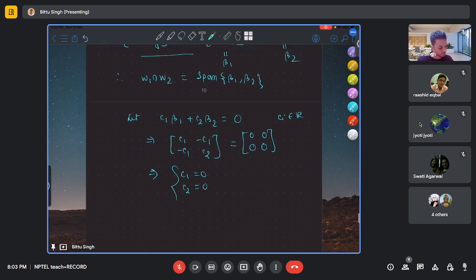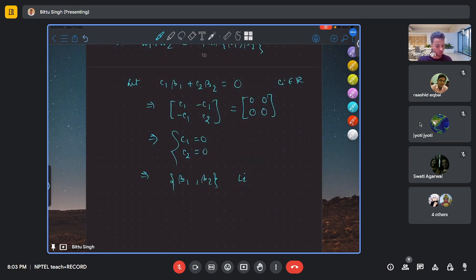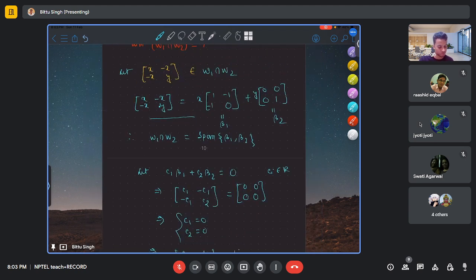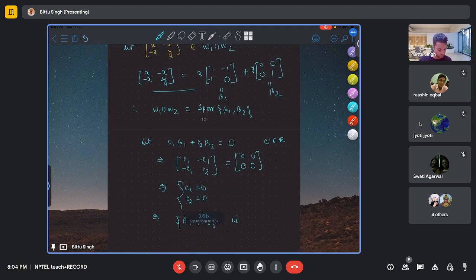Hence beta 1, beta 2 is linearly independent. Therefore, what will be the dimension of W1 intersection W2?